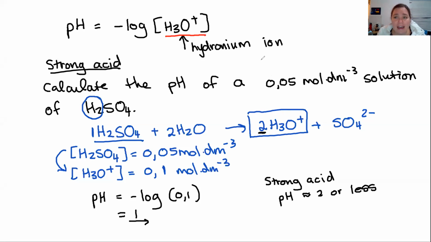So they are very unlikely to ever give you a weak acid, because if you get a weak acid, we've got to work out how much of this breaks up. And depending on how much of this breaks up, we'd be able to make an assumption about how much of this we produce. So it's not going to be a ratio which is guaranteed to be 1 to 2 if it is weak, and you need to actually be given what's called your Ka value in order to do that.